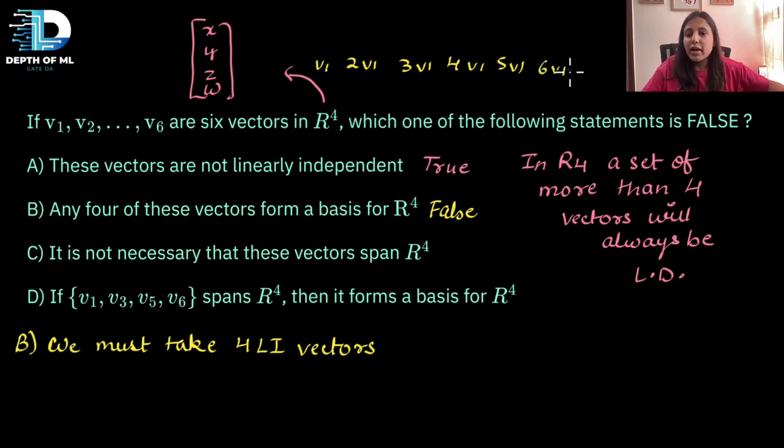I don't know the exact form of these vectors. So I cannot claim that if I take any 4 of these vectors, it will form the basis for R4. We have to take 4 linearly independent vectors, and no such information is given, so not any 4 vectors. Okay, so this statement is false.